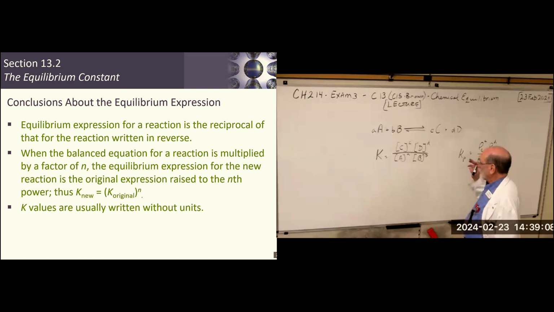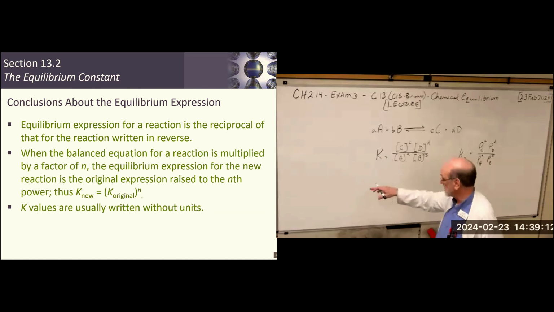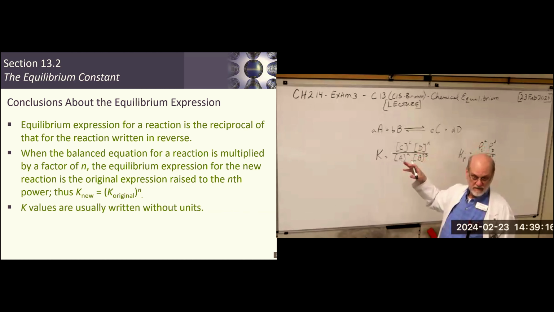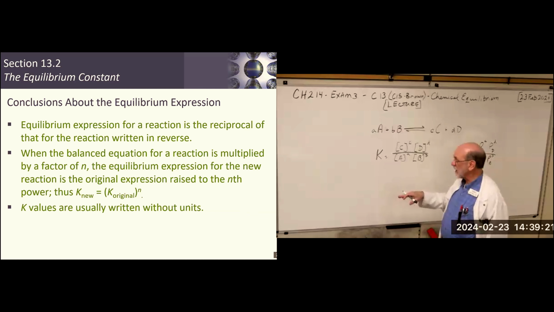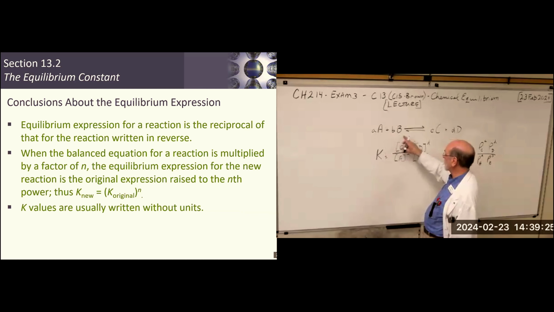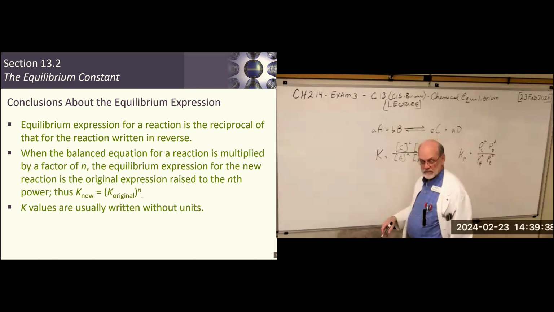Now, we're going to need to manipulate these expressions and combine them at some point. So we need to know some rules. If we have an equilibrium constant written this way, this is for the forward reaction. If we flip this equation around and put the products on the reactant side and the reactants on the product side, then this value becomes the inverse.